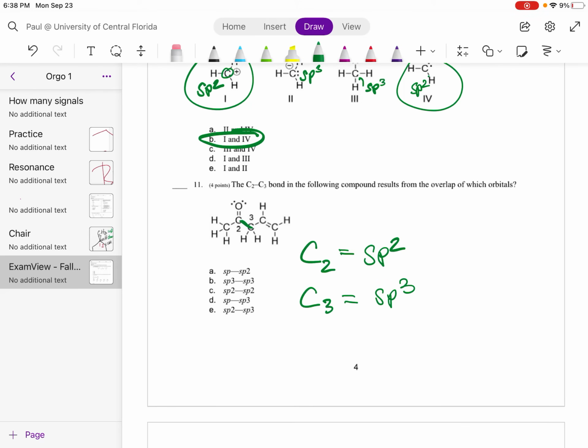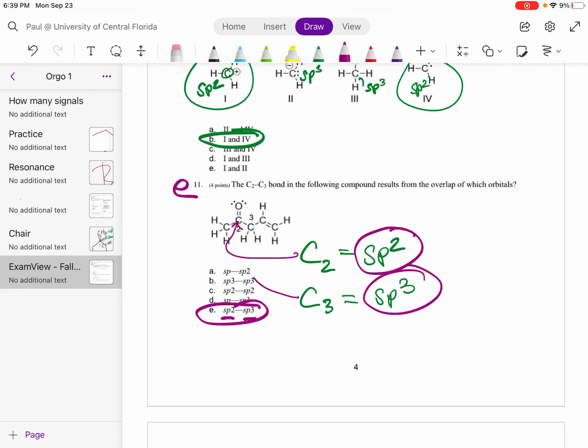So that sigma bond between carbon 2 and 3 is because you have an overlap between an sp2 and an sp3 hybridized orbital. So that would be sp2, sp3. And that matches. But it's good to say, hey, that goes to that one and that goes to that one.